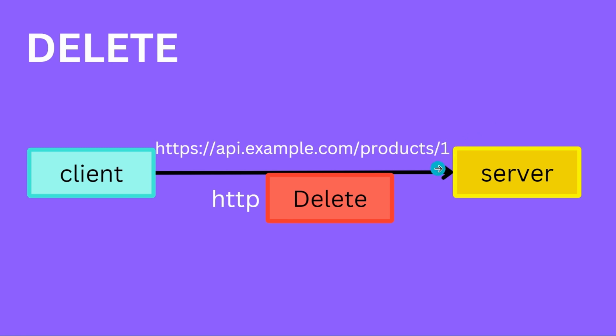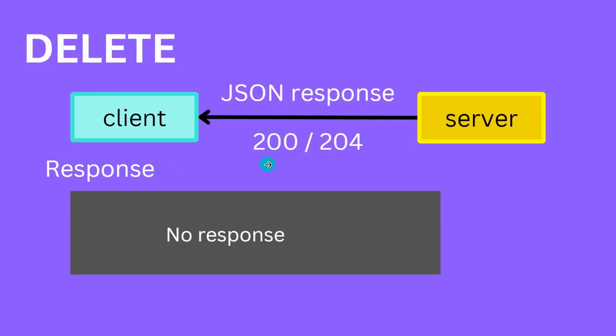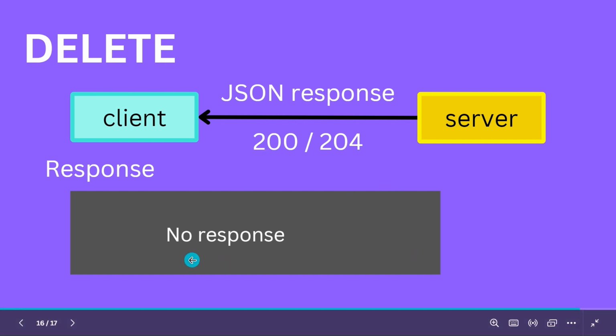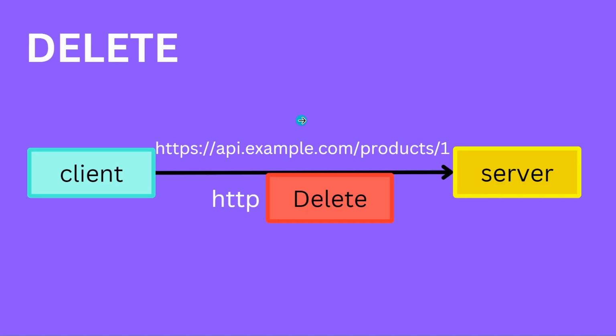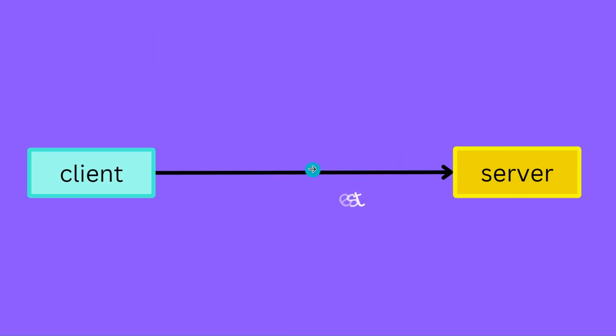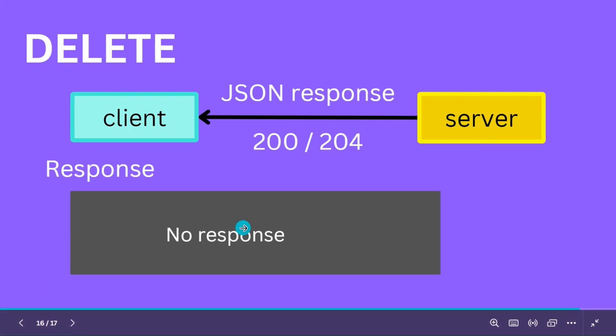If you hit this URL with this product id and the HTTP method, it will delete the product with this particular id, and it will return the status 200, and no response will be sent back to the client. And if the server could not find the id 1, it will just send 204, no content found.